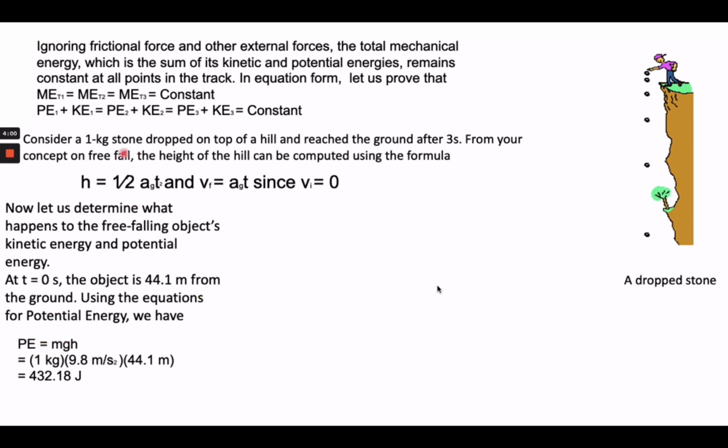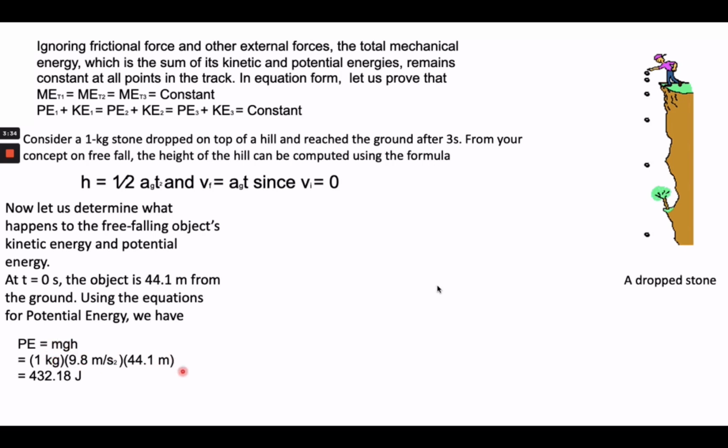Our mass is 1 kilogram stone. Our gravity is a constant value, which is 9.8 meters per second squared. And our height, again, before this guy dropped the stone, is 44.1 meters.